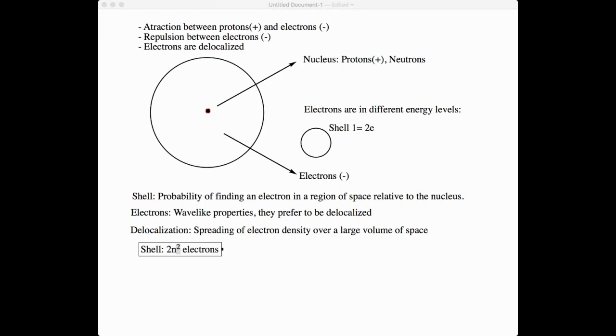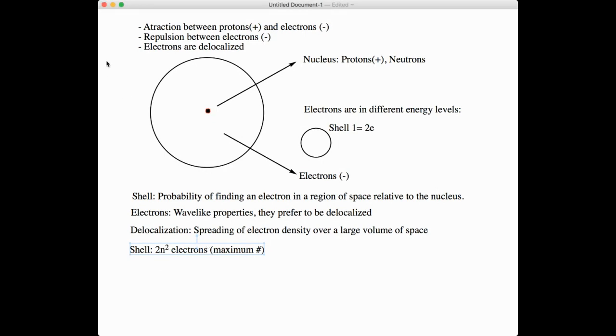And I'm going to emphasize here that's the maximum number. It doesn't mean that it has to always have that number of electrons. That's the maximum number of electrons that a shell can hold. It is 2n squared, where n is the number of the shell, the quantum number of the shell.